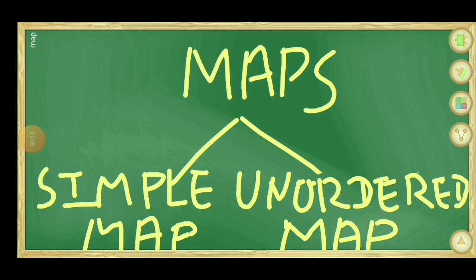In C++, there are two types of maps: the simple map and the unordered map. Later we will discuss the unordered map. The goal of the map is to store the mapping of keys and values. We can perform various operations on maps like insertion, find and erase.